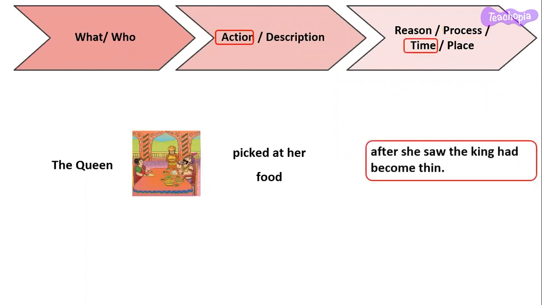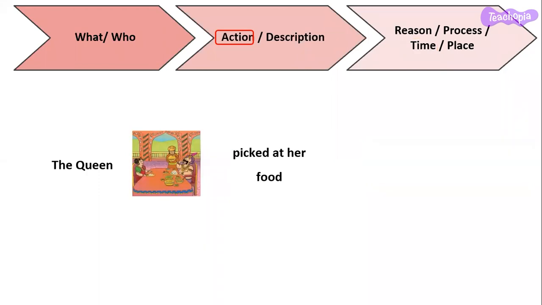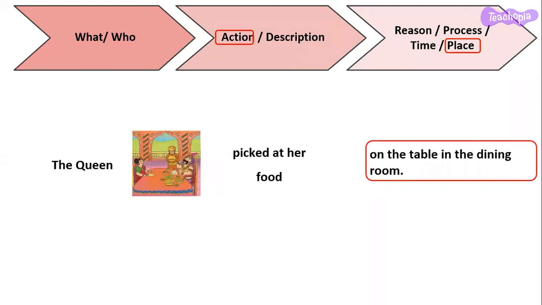We will say, after she saw the king had become thin. So our sentence will be, the queen picked at her food after she saw the king had become thin. And if we want to talk about a place, we can say on the table in the dining room. So now our sentence will be, the queen picked at her food on the table in the dining room.